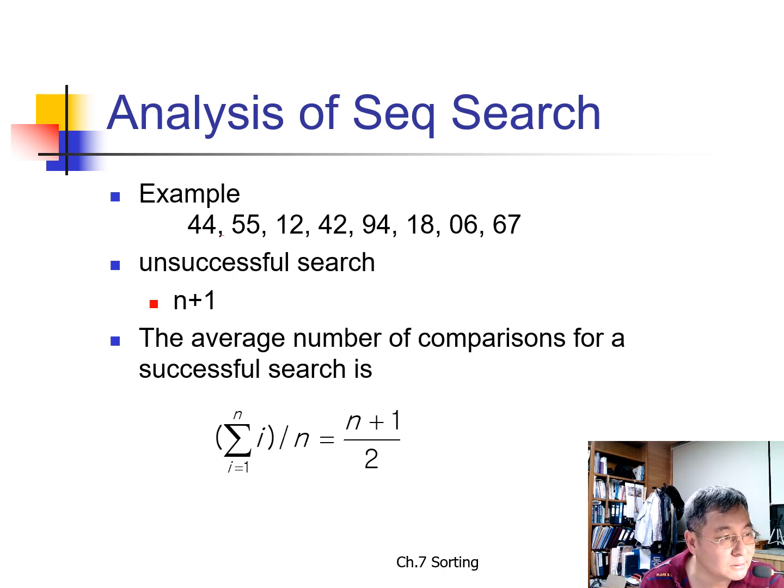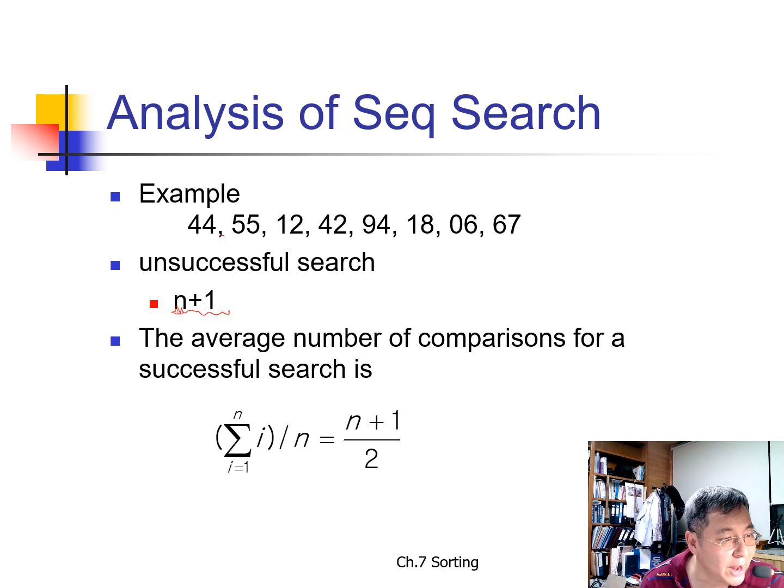We are given the values 1, 2, 3, 4, 5, 6, 7, 8. If we cannot find the search number, then we have to compare or evaluate n plus 1 times.